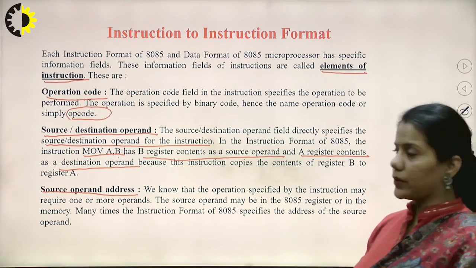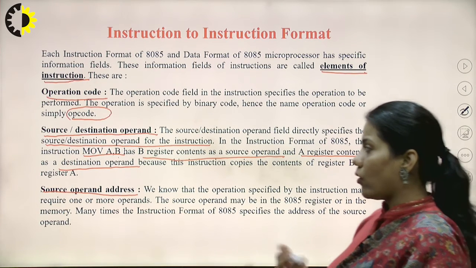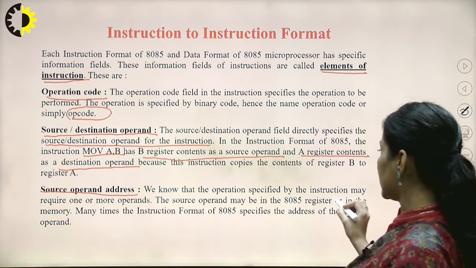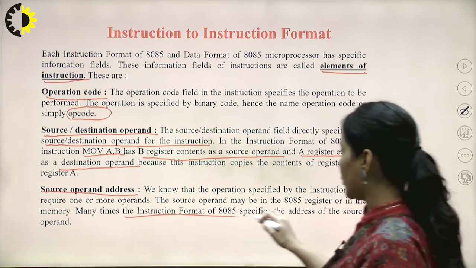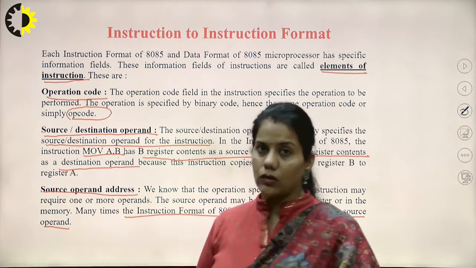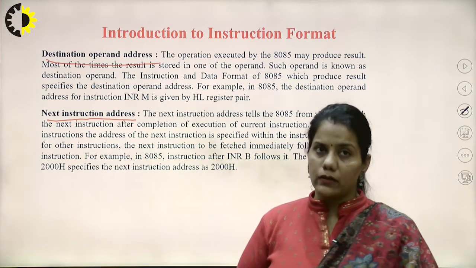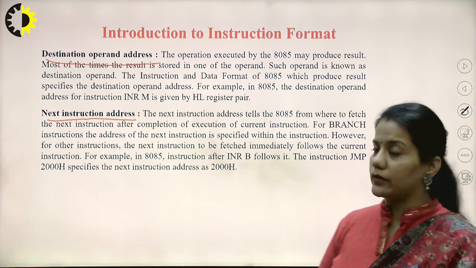Again, source operand address. In some instructions, the operand is specified as the address of the content. Many a time the instruction format specifies the address of the source operand rather than the contents. Similarly, the destination operand address, many a time the instruction specifies the destination address.